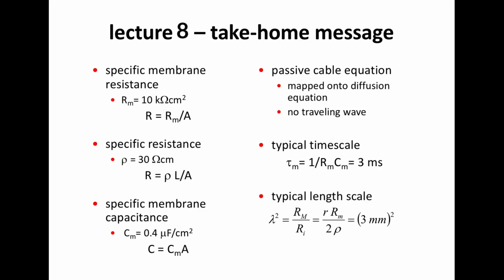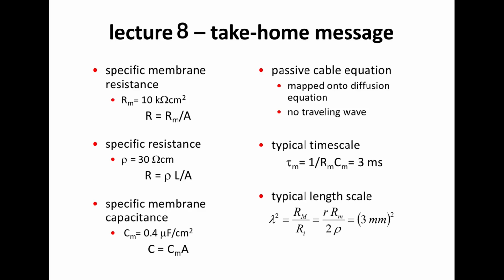Yet I think we already have a good start to describe the signal behavior along the axon. We characterized the membrane. We saw that there is a specific membrane resistance of 10 kilo ohm per square centimeter.